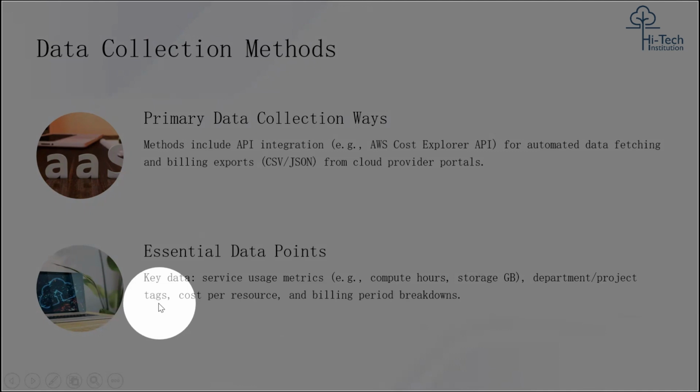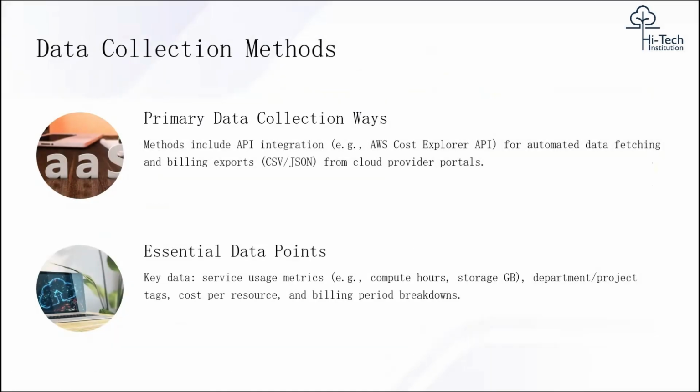All resources must be tagged with the respective name, like which department the resource belongs to and who is managing it. And then the billing period. These are the important data points when it comes to company tracking.